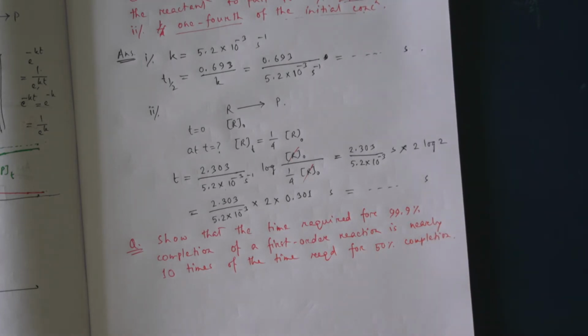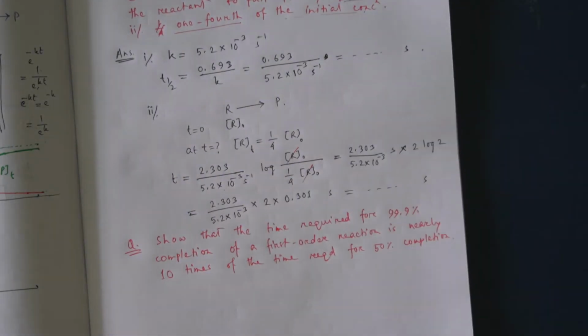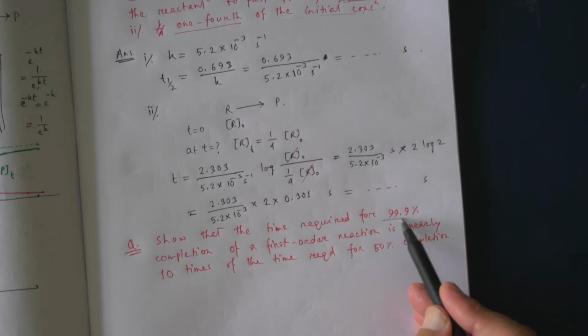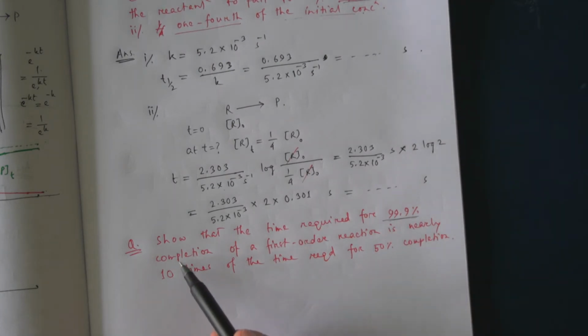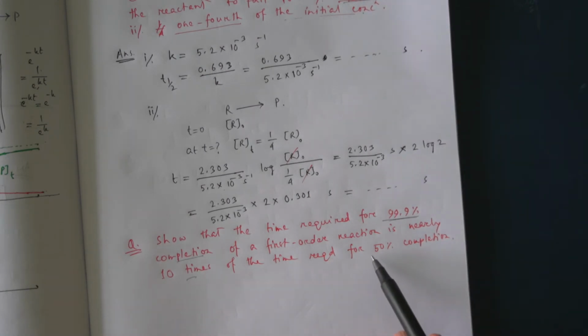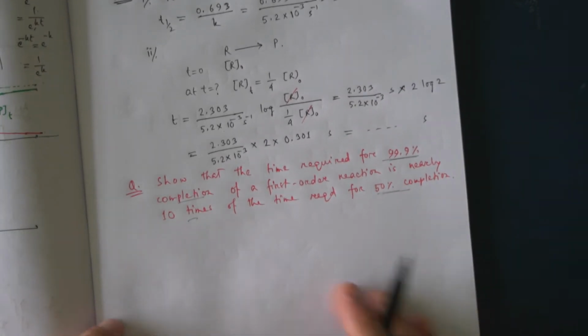Okay, 50% completion. Time required for 99.9% completion is nearly 10 times of the time required for 50% completion. We have to prove this.